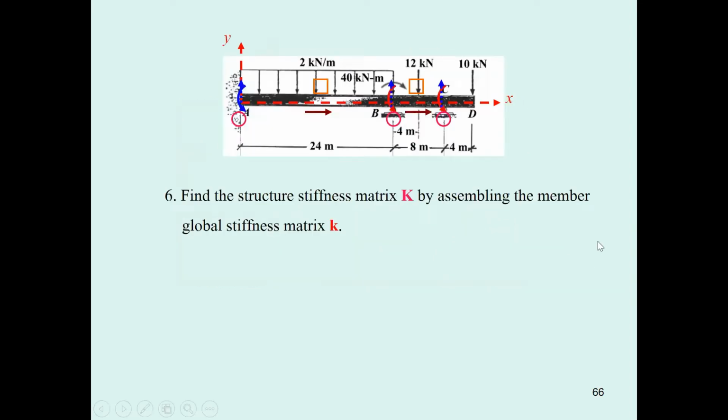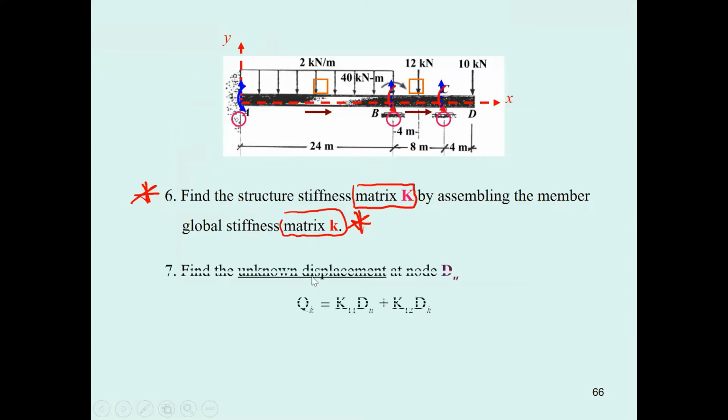Okay, and you're going to use the skill that you are going to use in this coming Sunday on the examination of the class to assemble the small k matrix into the capital K matrix. It's going to require the same skill, and then to compute for the unknown displacement, you use the same skill.